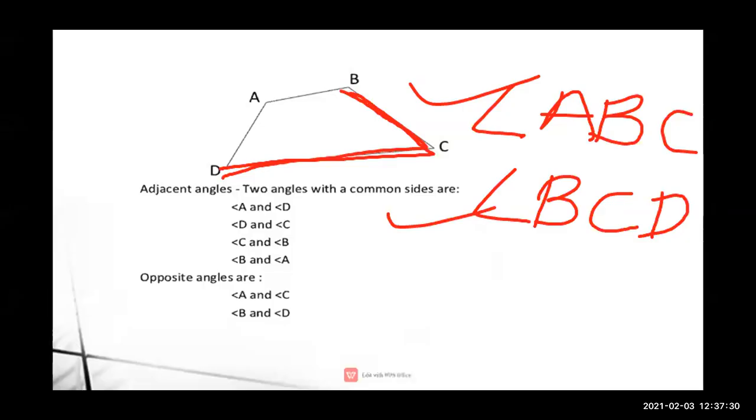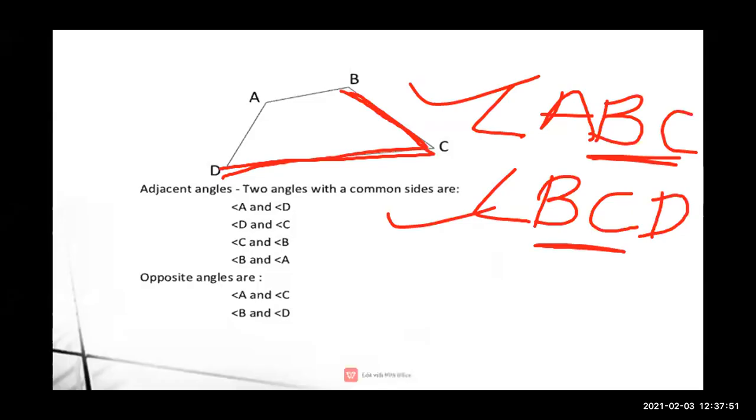Common arm. Arm means segment. A segment always has 2 letters. Segment AB, segment BC, segment CD. So here what is the common? Very good. BC is also common. Here also BC is common.